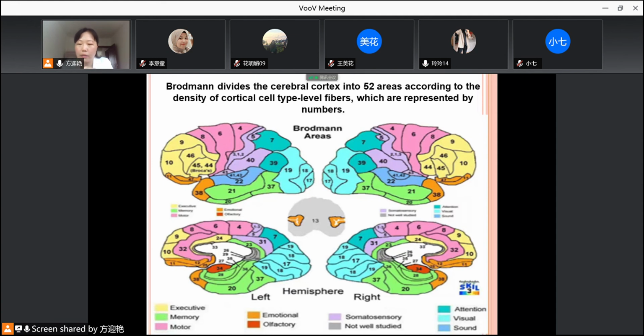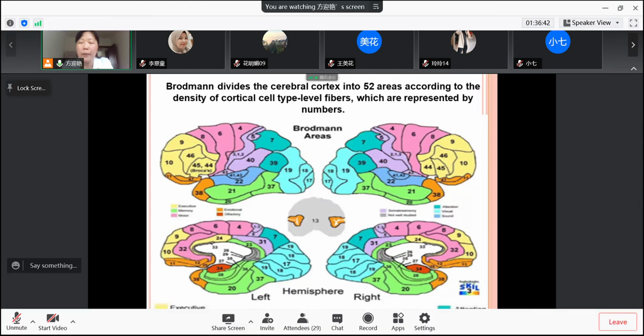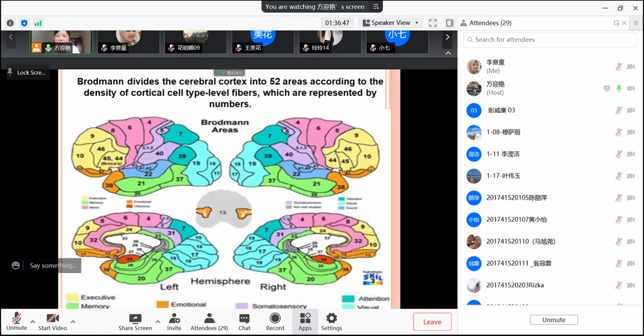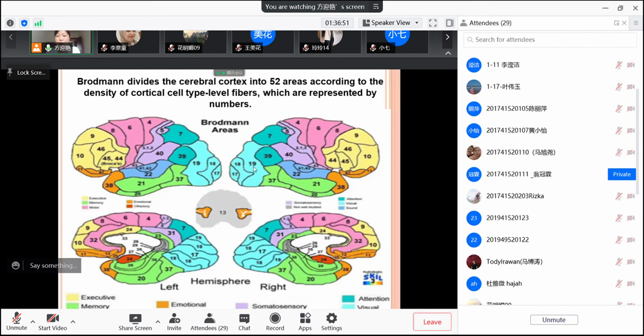I hope you know that this classification is basically because the density of cortical cell types is different or the fiber layers are different, so it can be classified into 52 areas.